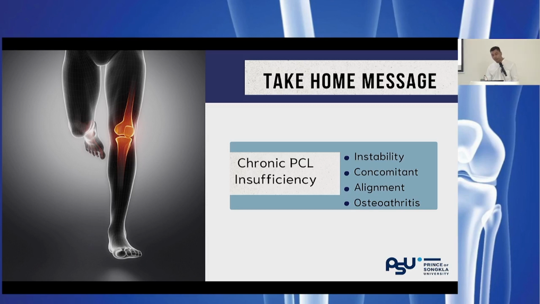So it means that you just look at how much translation you feel, 5 to 10 millimeters, and over 10 millimeters you can do surgery. Anything else, because it's quite subjective, right? Yes.